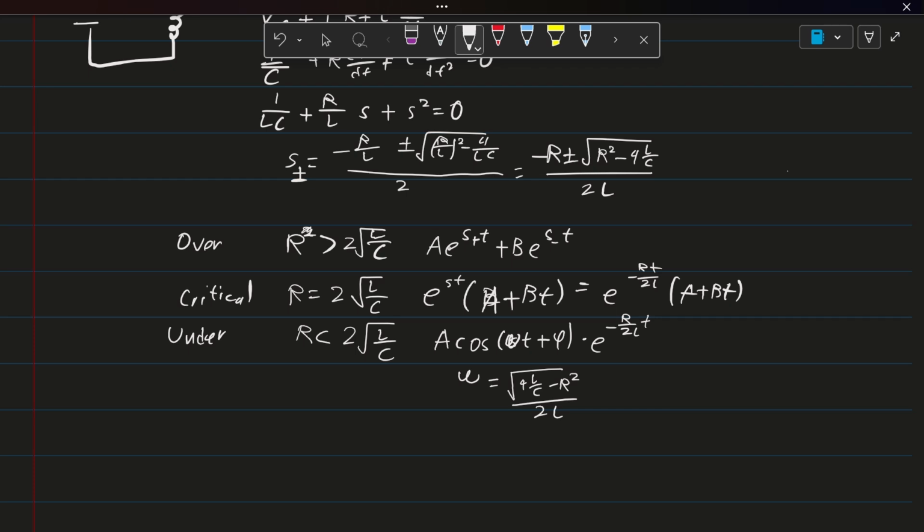Remembering the shape, for the overdamped solution, it will be dwindling straight away. For the critically damped, it has one crossing before going to 0. And for underdamped, it's pretty much an oscillation dwindling down. So we have already discussed this RLC circuit as well as its solutions.